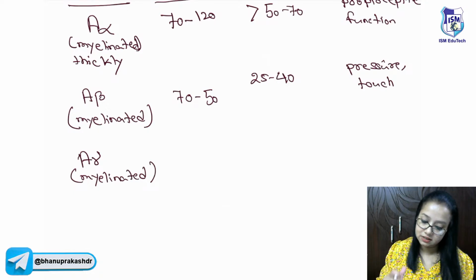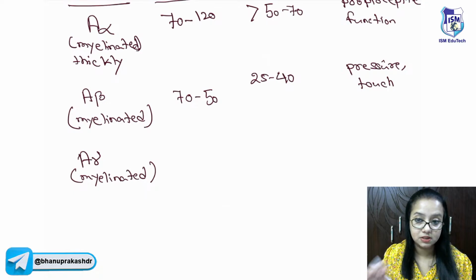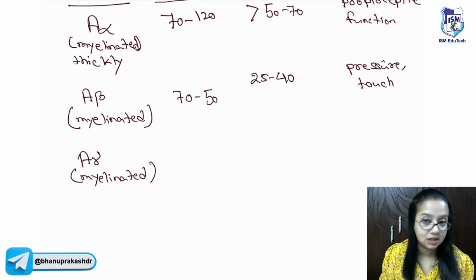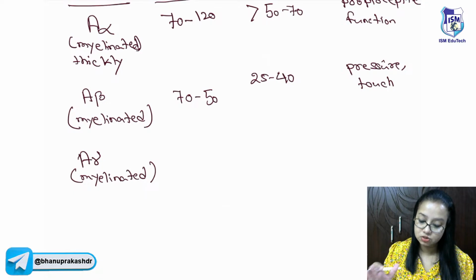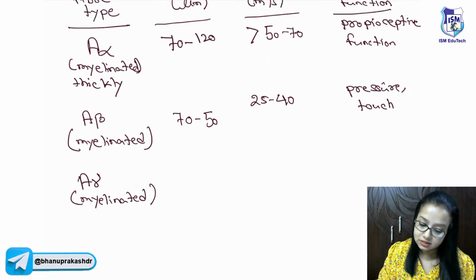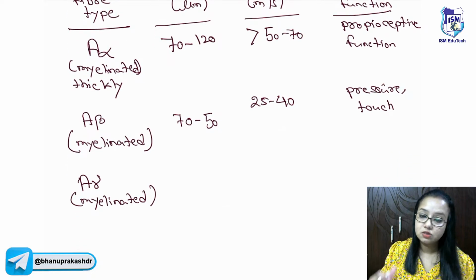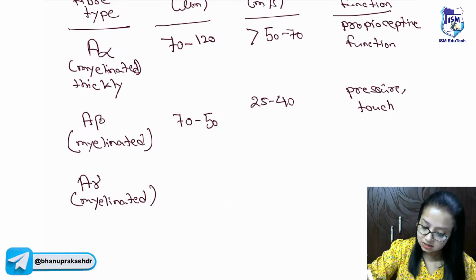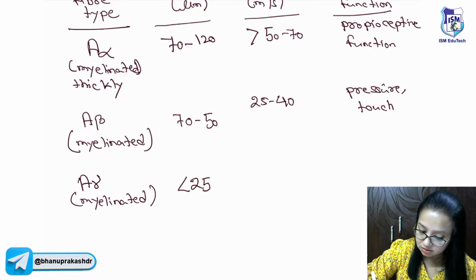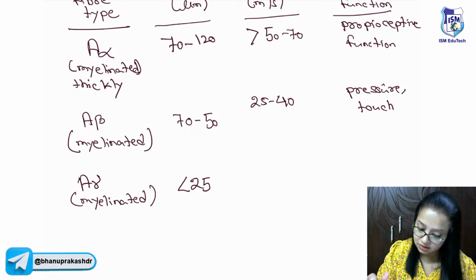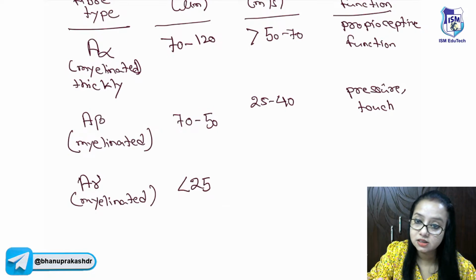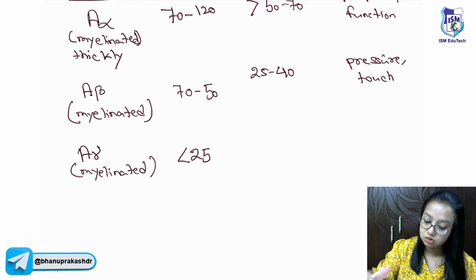Okay, but it is again lesser than that of the A beta nerve fiber. The myelin sheath is not as thick as the A beta type. So since it is not as thick as that, obviously the diameter will also be less, right? The diameter will also be less. Here the diameter is usually less than 25, and the conduction velocity also falls.